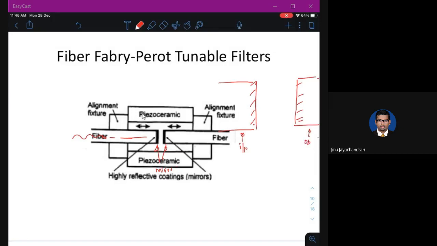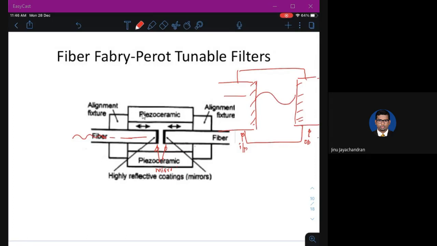And the whole setup is in a piezo ceramic structure. Piezo ceramic means by applying some kind of a mechanical force, you can adjust the properties of that material. Okay. So the wave comes in, it will create the wavelength of your desired wavelength in this one.